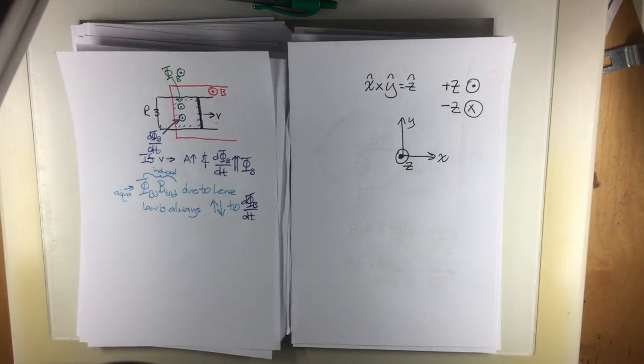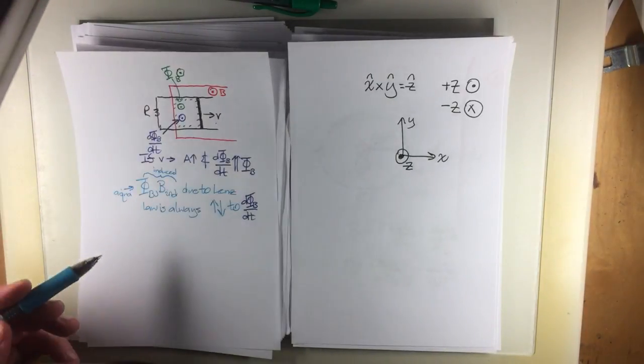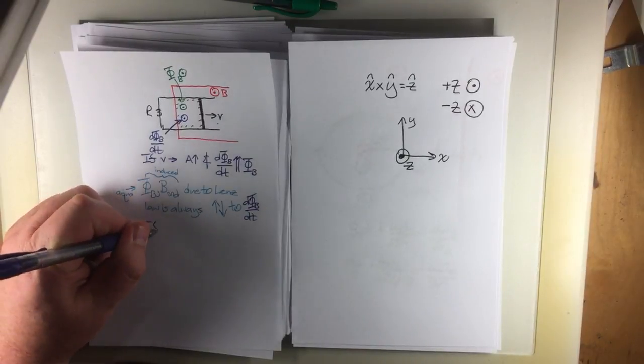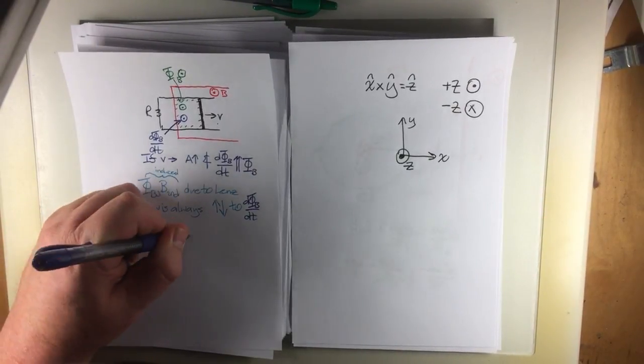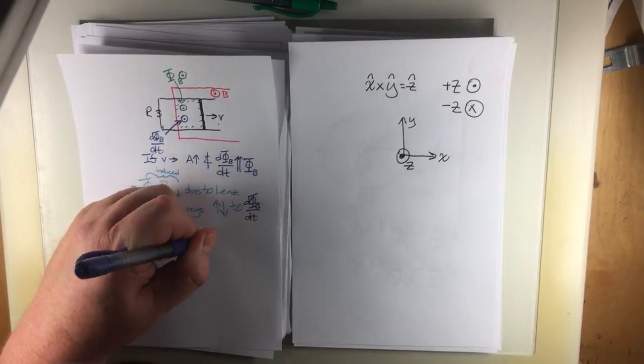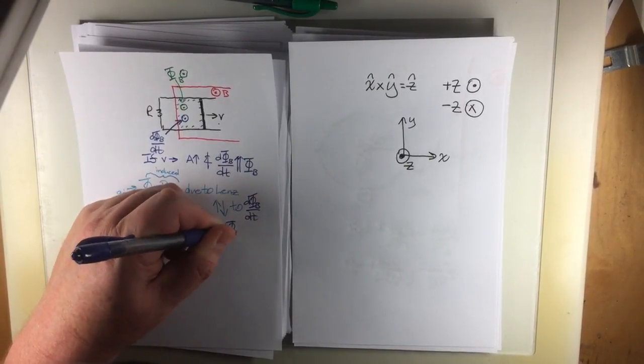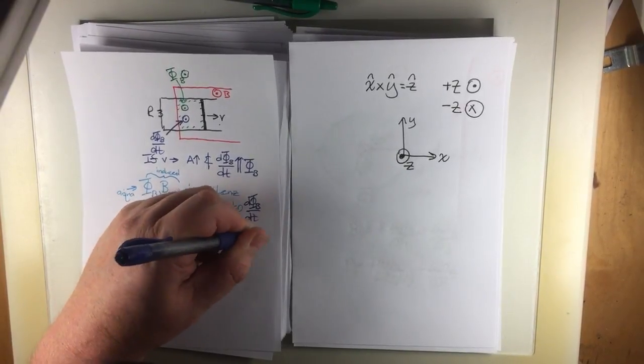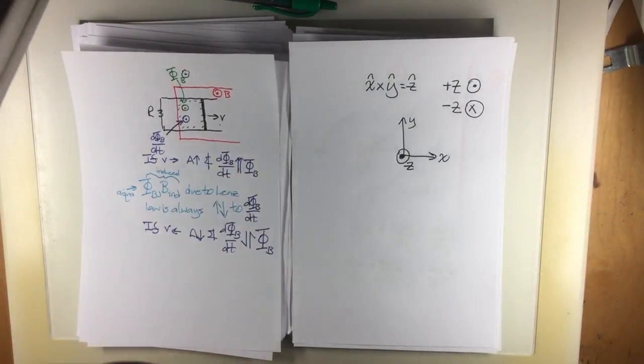If the velocity was to the left, the area goes down and d phi B dt is anti-parallel to phi B. Because smaller window, less wind getting through in the direction that it was headed, which means you can think of it as a wind going in the opposite direction.